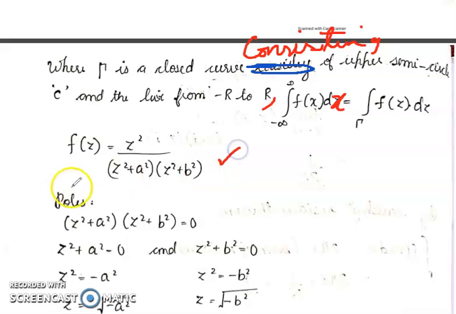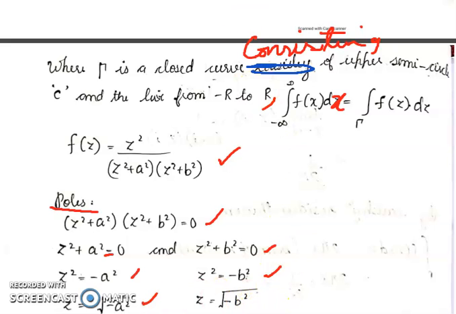Now finding the poles is the first step. We know we have to equate the denominator to 0, that is z square plus a square is equal to 0, z square plus b square is equal to 0, so z square equal to minus a square, z square equal to minus b square. So from this, z is equal to the root of minus a square.